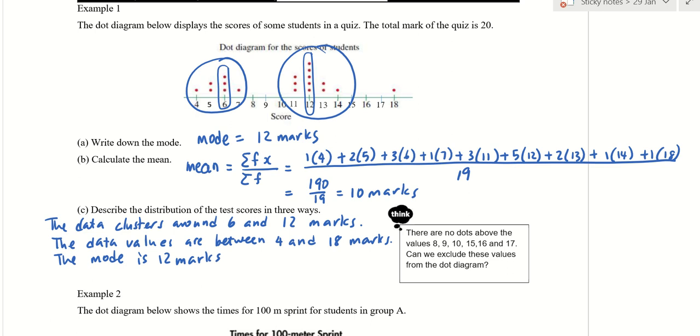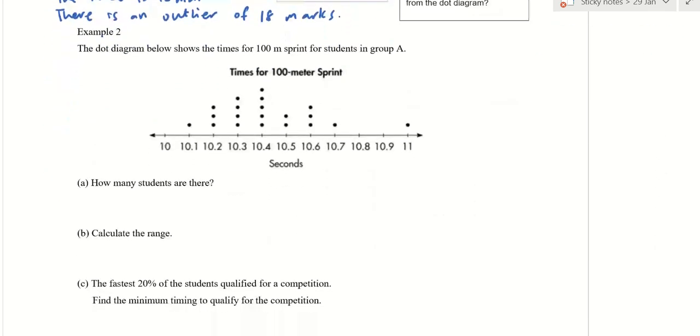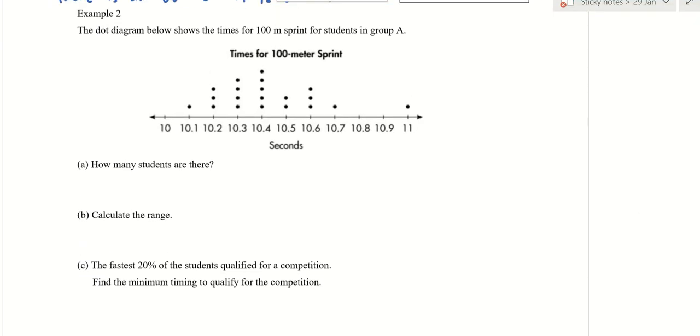There are many acceptable answers. You can also say there is an outlier of 18 marks. Now in example number 2, we have the timing for 100-meter sprint for students in Group A.